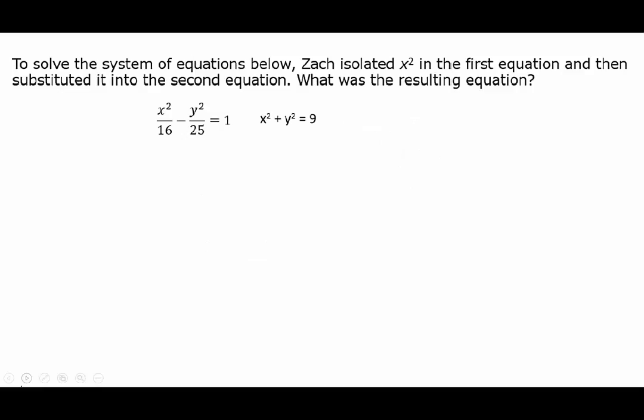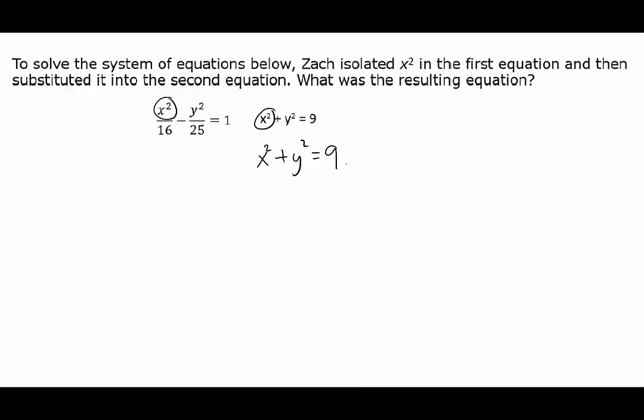Next, Zach isolated x squared in the first equation and then substituted it into the second equation. This is one of the examples where you have x squared in both of the equations. So that's what we're going to solve for. You also have y, but I choose x. X squared plus y squared equals 9.